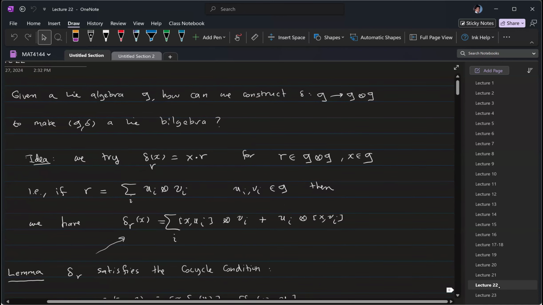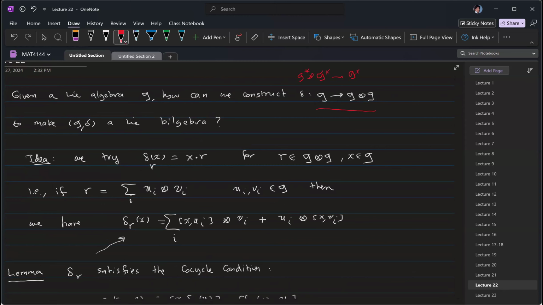So remember that the bialgebra is really a Lie algebra equipped with a linear map that goes from G to G tensor G, so that the dual map from G star tensor G star to G star is a Lie algebra map. It's like a Lie bracket, makes G star a Lie algebra. And this map delta and the Lie bracket of G have to talk to each other via this co-cycle relation, which we had in the previous lecture.